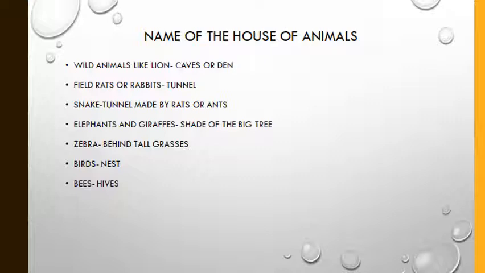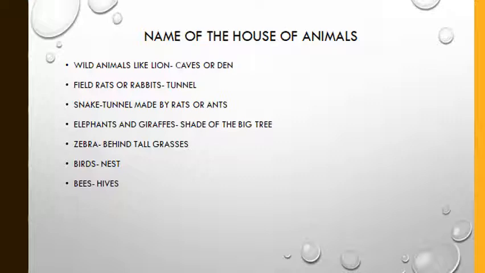In this slide we have given some names of houses of animals. Wild animals like lion never build their home, but they live in natural caves or dens.